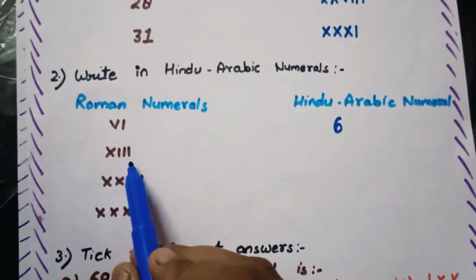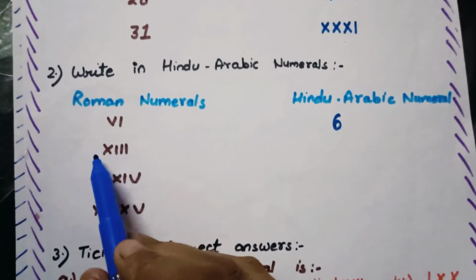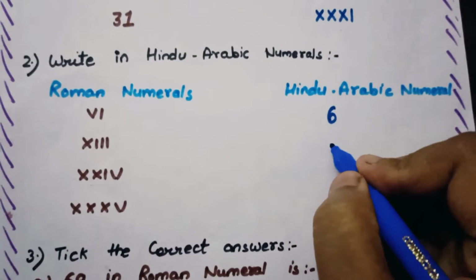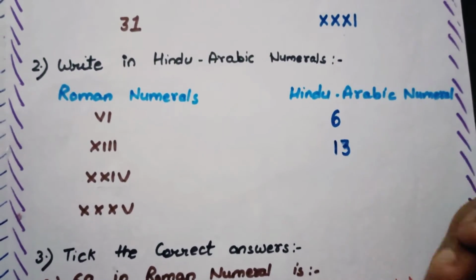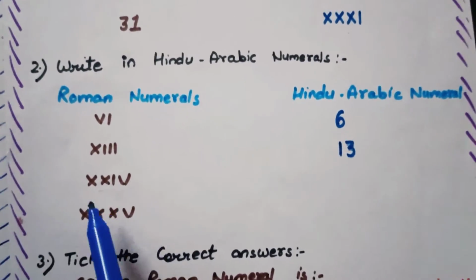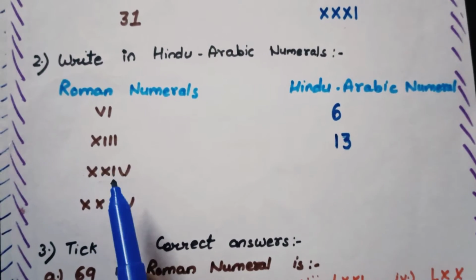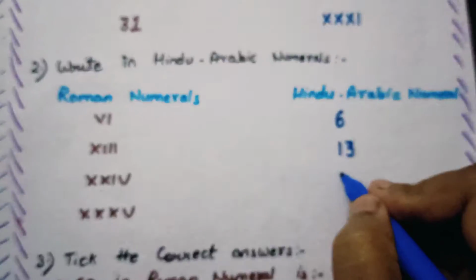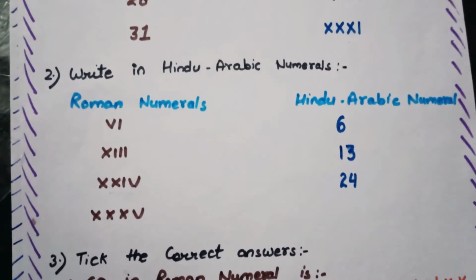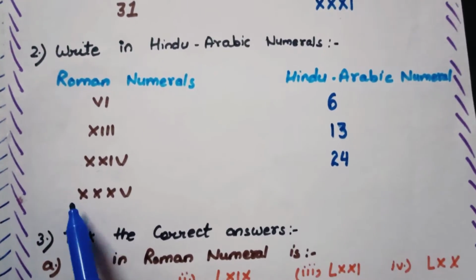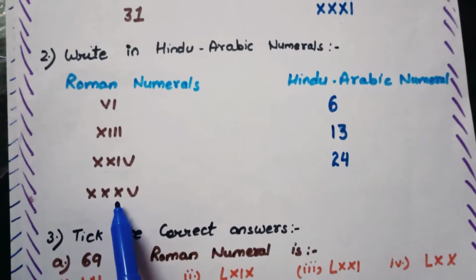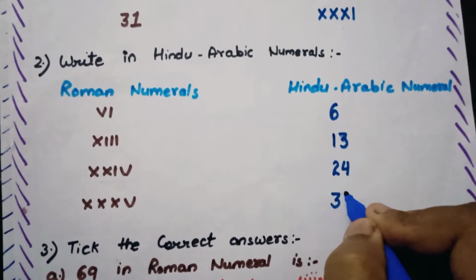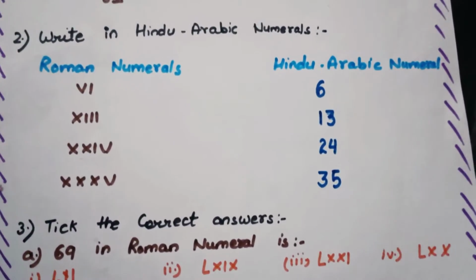Now XIII, X is 10 and III is 3, so adding these two we get 13. Now XX is 20, right, and IV is 4, so it will become 24. Now XXX is 30 and V is 5, so it will become 35.